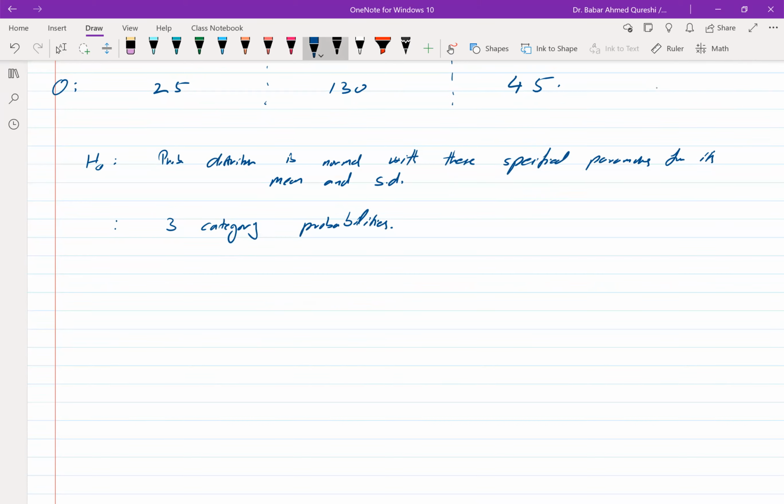Now what I need to do is compute this chi-square, and since there are 3 categories, this has 2 degrees of freedom.